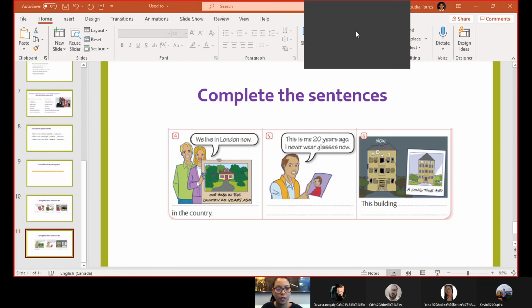For example, Shakira used to live in Colombia when she was a teenager, but now she lives in Spain. Or Shakira used to have black hair, but now she's blonde. So things like that, about a famous person or even about yourself. Maybe you can bring photos of you. So it's up to you.